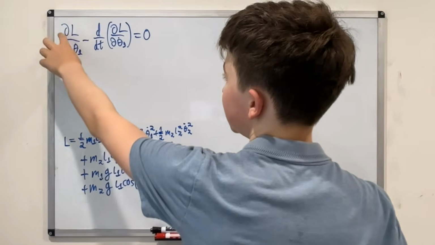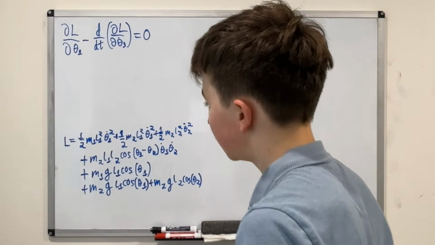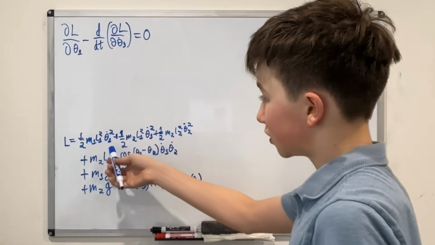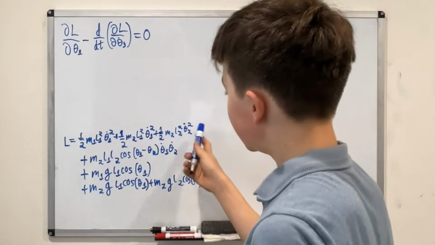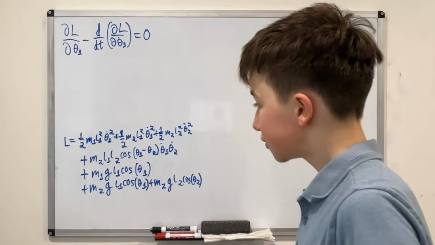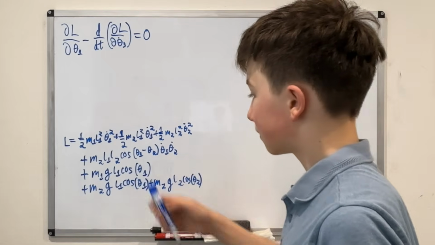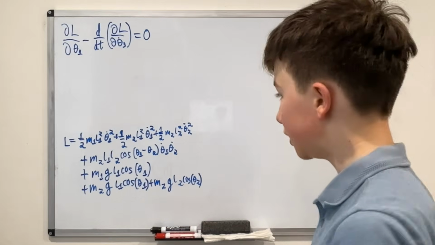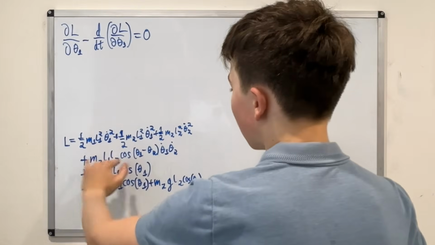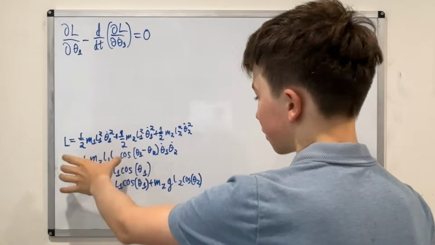So let's put in our Lagrangian. So first we're going to have del L over del theta 1. So this term is treated as a constant because it has theta 1 dot, not theta 1. Similarly, these two terms are treated as constants. However, this term has a theta 1. So here we're differentiating with respect to theta 1, so no chain rule needed. And so all of this is just going to be a constant.